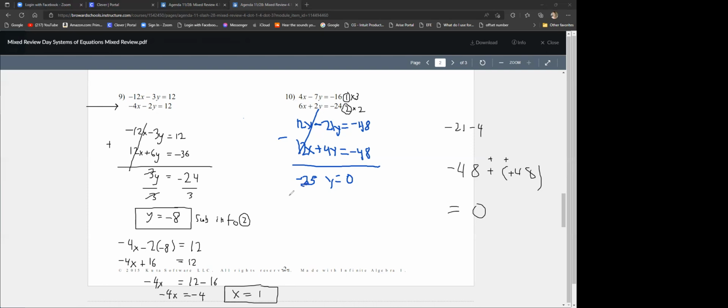Just write y equals 0, see how I have it right here? Do it like that. Now put it in a box. Now what do we do? Substitute it into where? It could be 1 or 2. Okay, sub it into 2.